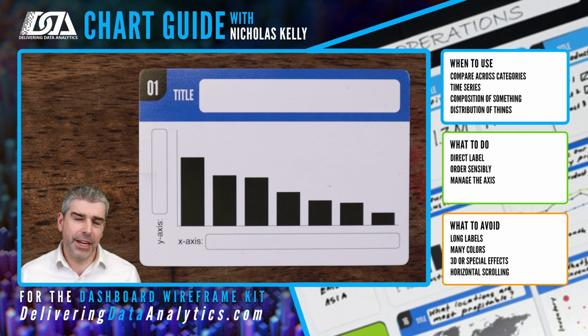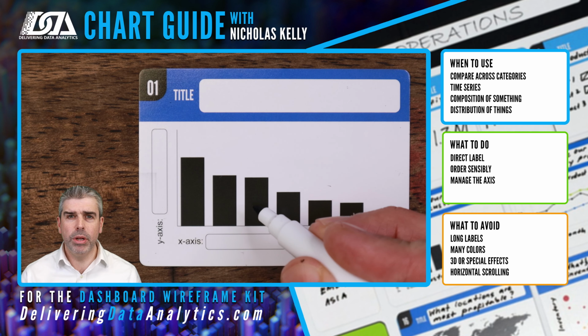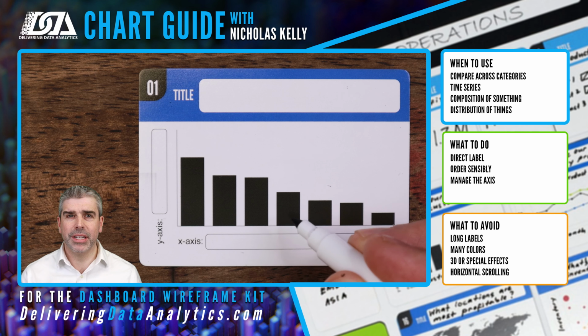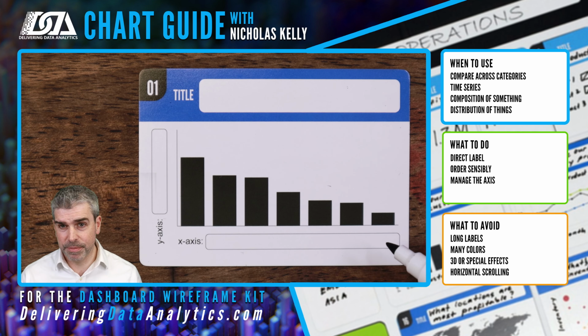Let's take a look at an example of how we might use this in the context of an HR chart, human resources. Imagine we want to count the number of employees, but we want to break it up by category. So in our example, we might say each of these bars is a department, and we want to count the number of employees by department.